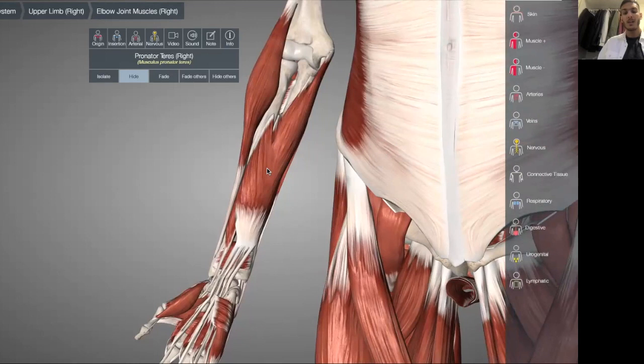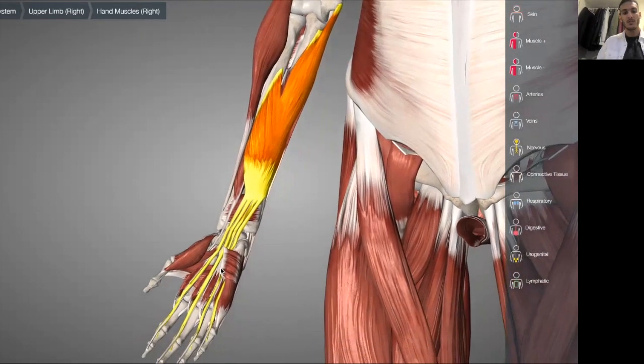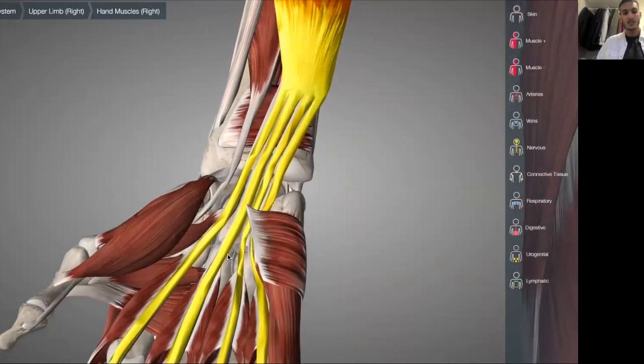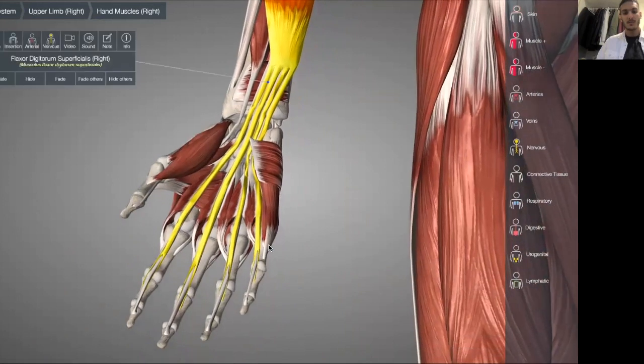The middle layer of the flexor muscles found in the anterior compartment of the forearm is the flexor digitorum superficialis. It is so easy to note this muscle: it has control over digits 1, 2, 3, and 4.